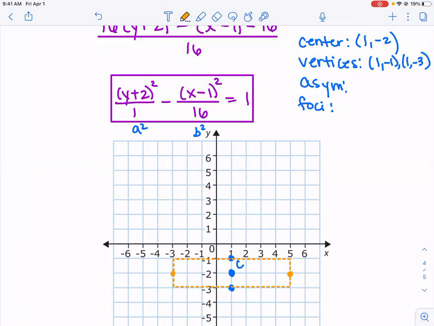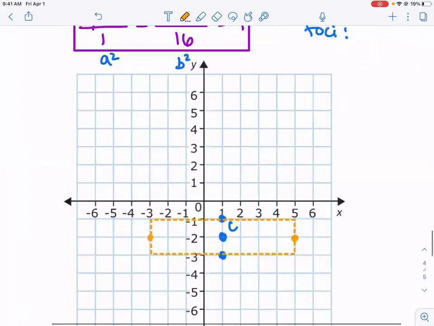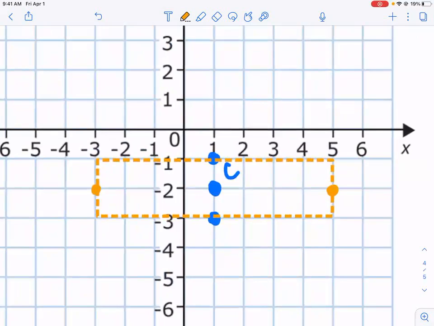Okay. b was 4, so I moved horizontally 4 to make our rectangle. And the purpose of that rectangle is so that we could make these awesome asymptotes.